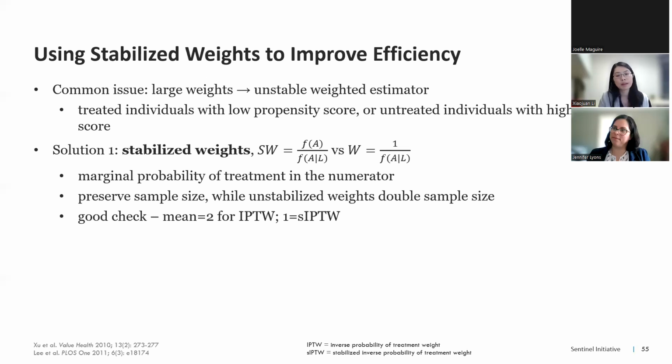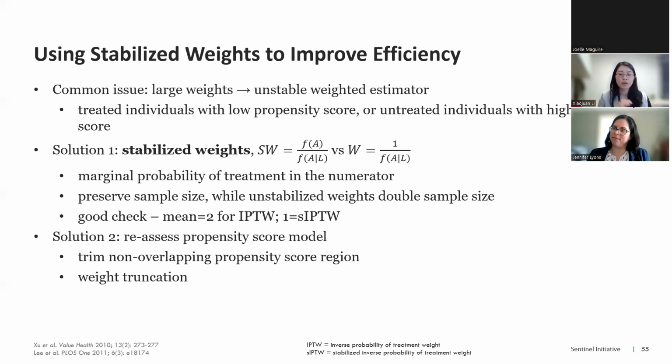If you were expecting to have well-behaved weights, the distribution of the weights should have a mean of 2 or close to 2 for unstabilized inverse probability of treatment weights, and a mean of 1 for stabilized inverse probability of treatment weights. In the setting of extreme weights, we should also reassess the propensity score model or the treatment model and try to identify positivity or near positivity violation.